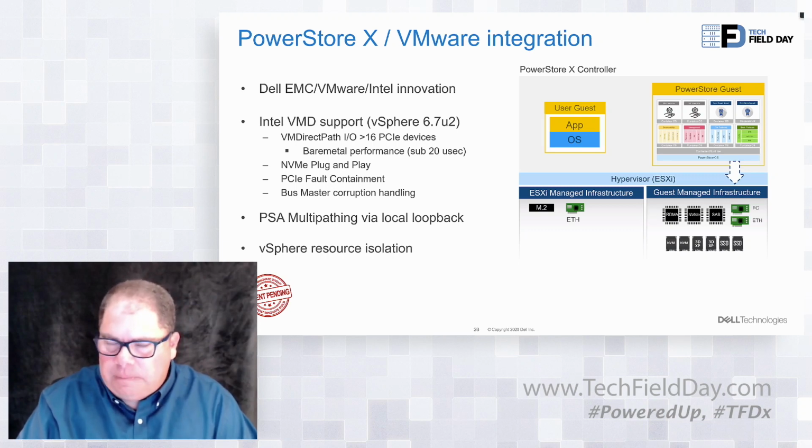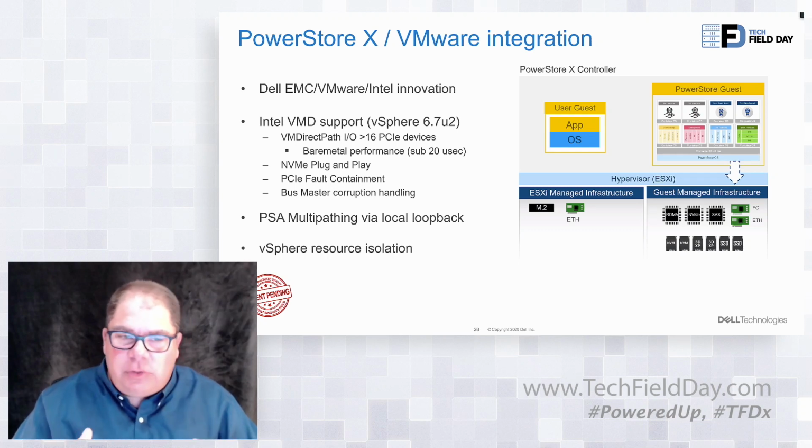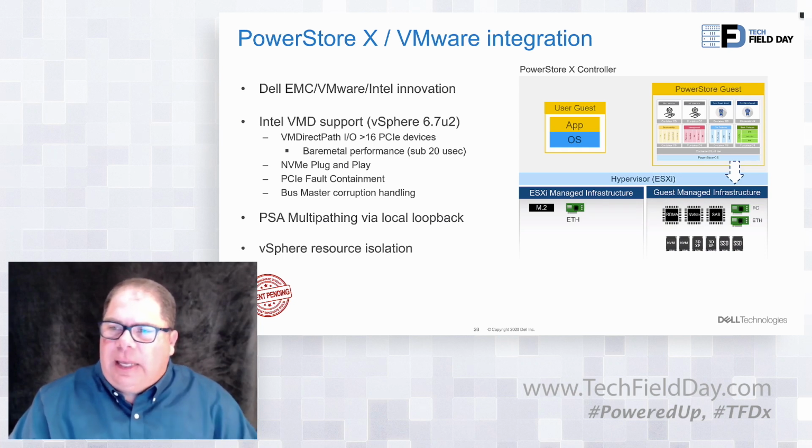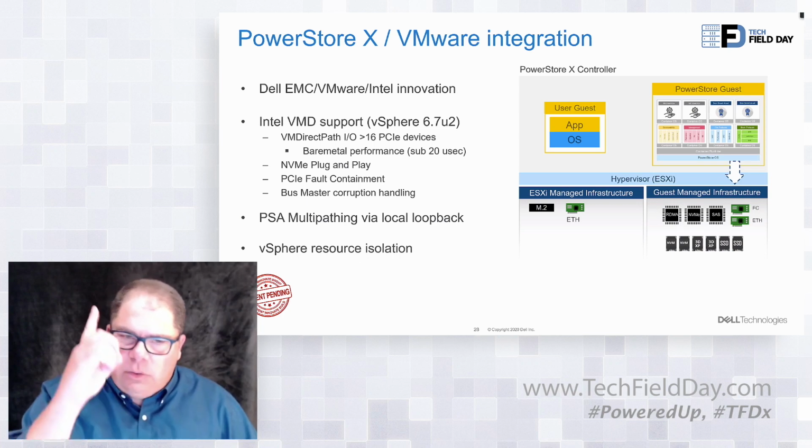It provides us the ability to do PCI pass-through for a large number of devices, larger than 16. So basically, we created this guest managed infrastructure domain where we hide all of these devices from the hypervisor. And since we put them inside this domain, we can just pass through that one VMD function through to our guest.